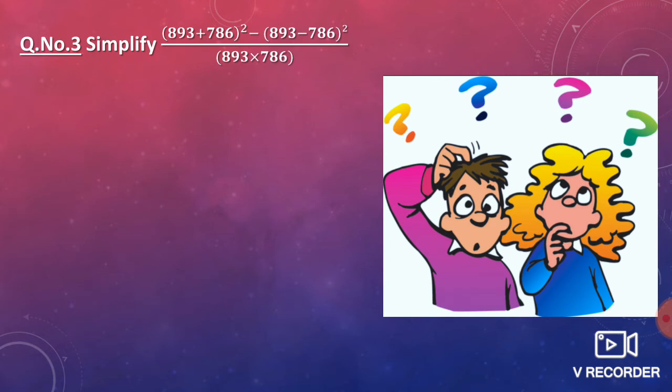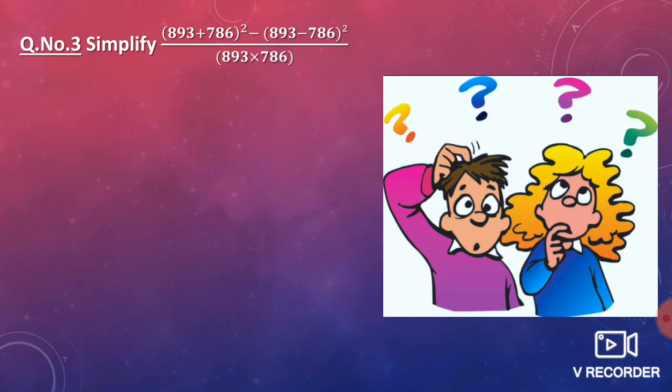That is 193 plus 786 the whole square minus 893 minus 786 the whole square, whole divided by 893 into 786. As we had done previously, we have noticed that there are only two values that are repeating everywhere.